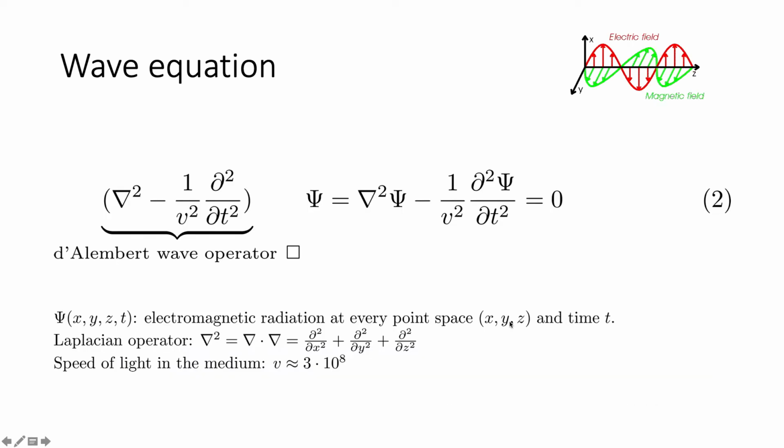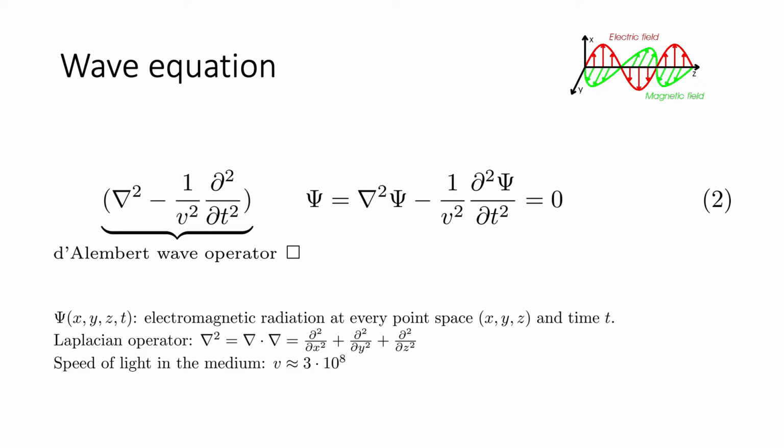We begin with the wave equation, which describes the propagation of electromagnetic radiation, like light. It can be used to express the NLOS imaging formation model in the following parts. Here, psi(x, y, z, t) represents the electromagnetic radiation at every point in space x, y, z and time t.